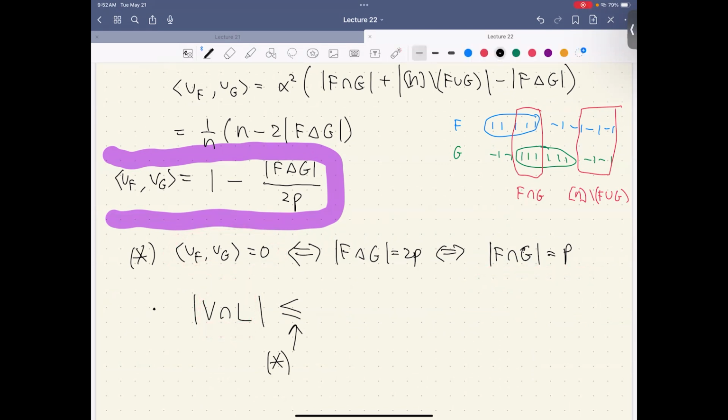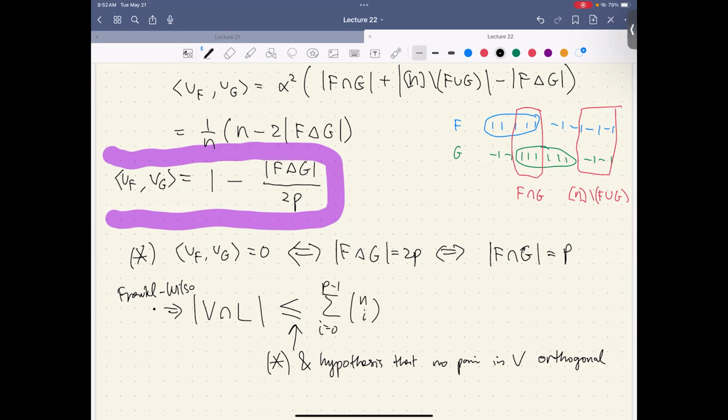Okay, and by hypothesis, no pair in V is orthogonal, then by Frankl-Wilson, this is at most the sum of n choose i, i goes from 0 to p minus 1, which is exponentially smaller than 2 to the n. Let me just write it as 1 minus c to the n, exponentially small. Any questions so far?